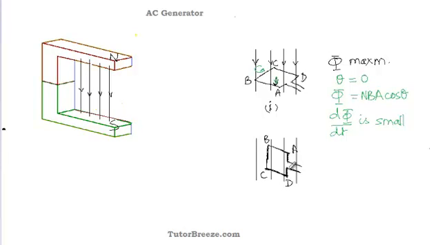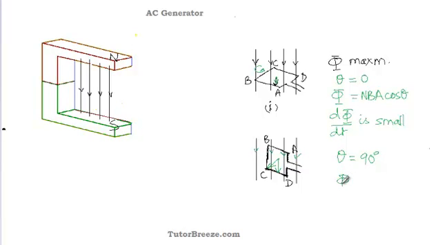Whereas when the coil is placed so that the plane of the coil is along the field, or you can say the area vector of the coil is perpendicular to the magnetic field, theta is 90 degrees.